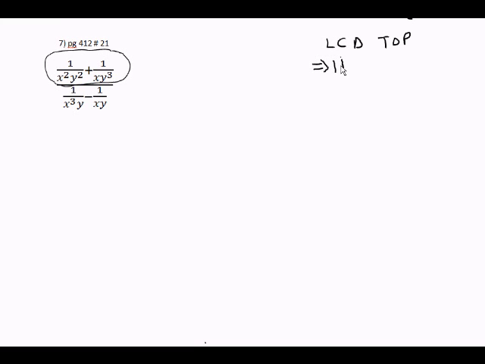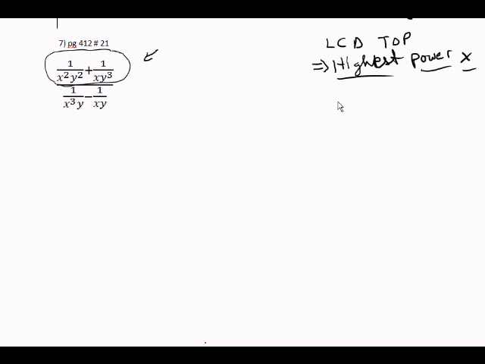To find the lowest common denominator, when we have all these x's without numbers, you always ask, what is the highest power of x?